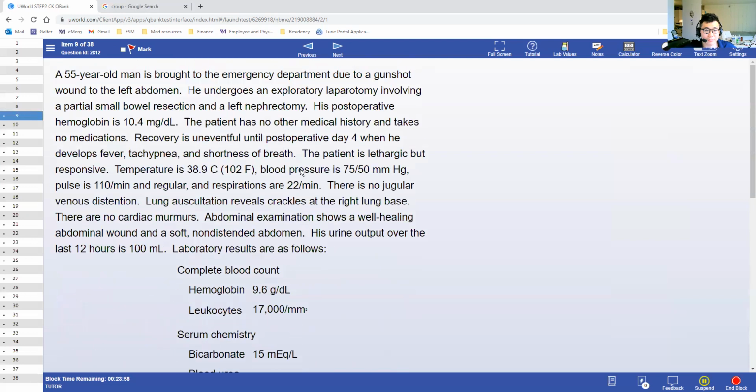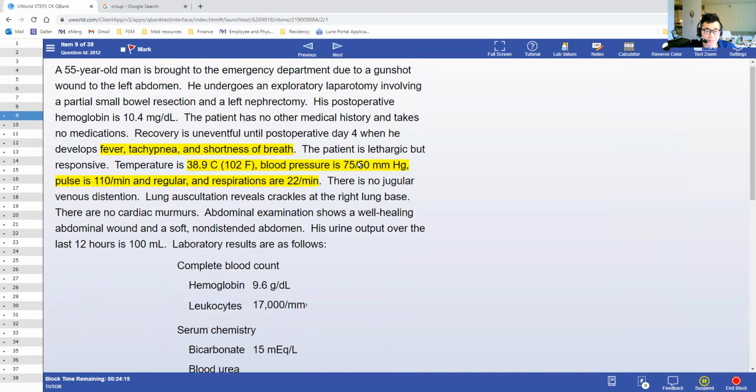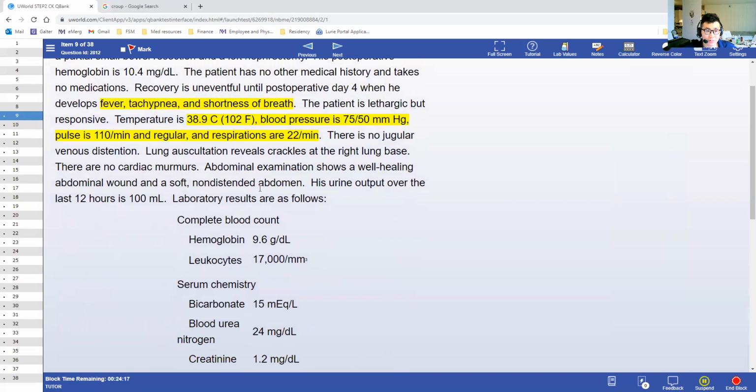Most appropriate next step in management question. Gunshot wound, post-op fever, hemodynamics are crap, febrile. Sounds like a pneumonia-like picture.